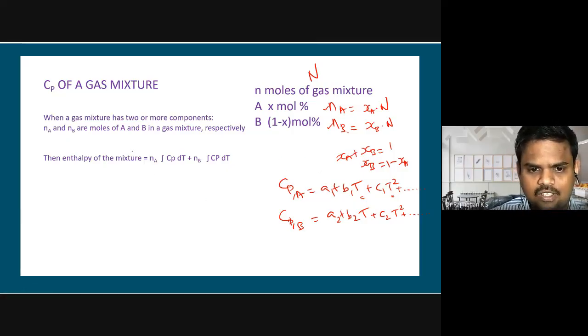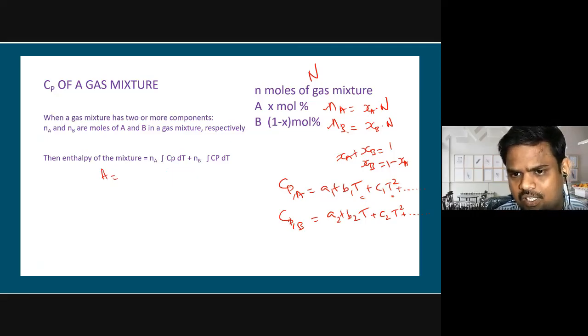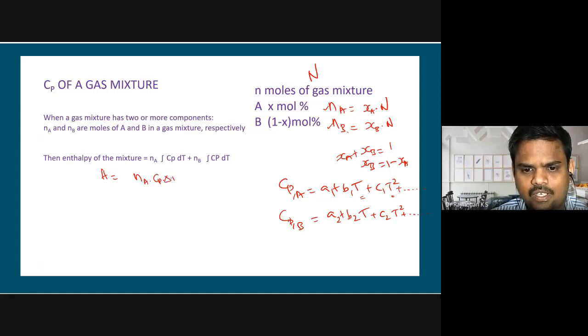Then the enthalpy of the mixture is given by H equal to n Cp delta T, where for the individual components we can say Na into Cp delta T plus Nb into Cp delta T. If Cp is directly given, we can directly substitute to get the value of enthalpy.